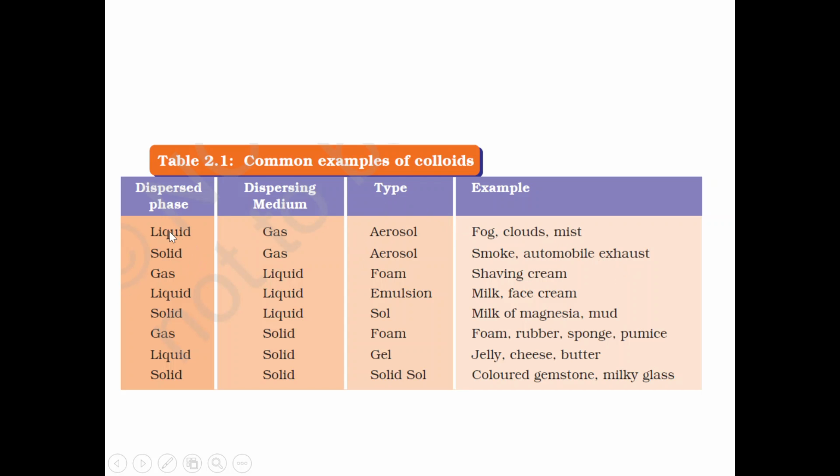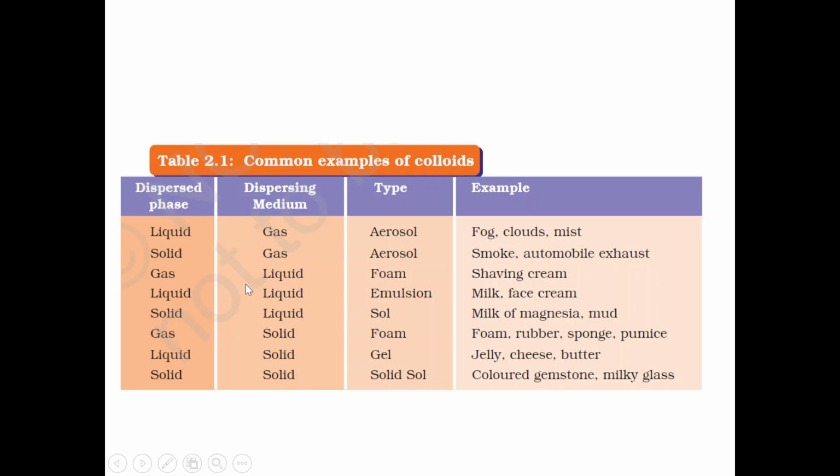Next, when a solid is dispersed in gas, that is smoke and automobile exhaust, and this is also called an aerosol. When gas is dispersed in liquid, it is called foam. As you have already noticed, in shaving cream the foam is produced.